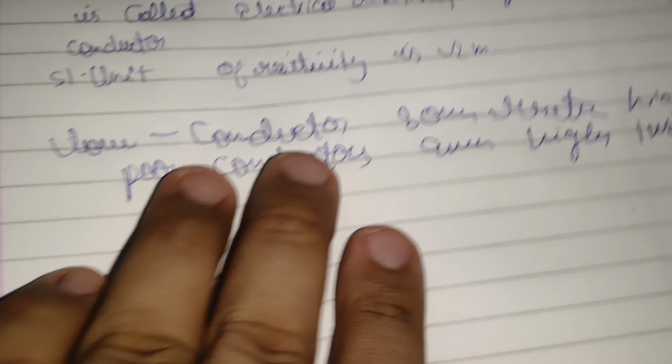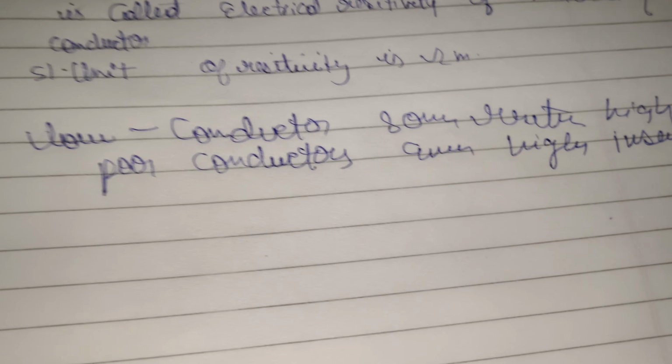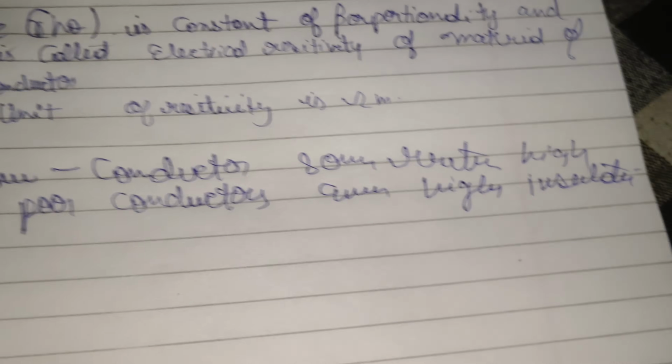So low resistivity is a conductor, some resistivity is a resistor, high resistivity is a poor conductor, and even higher resistivity is an insulator.